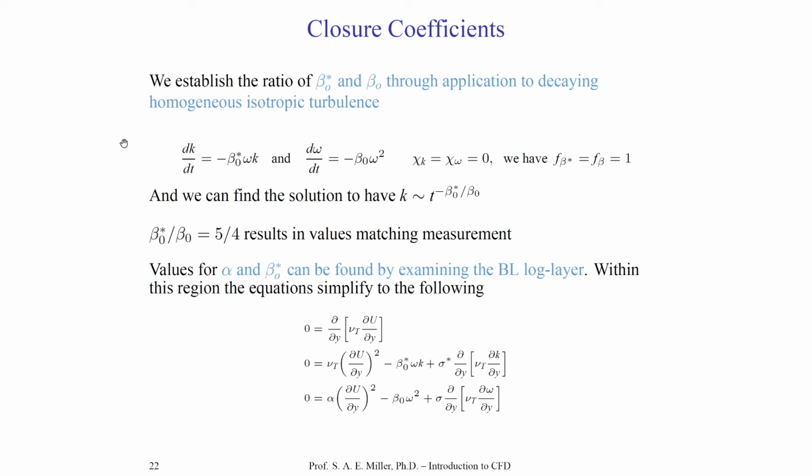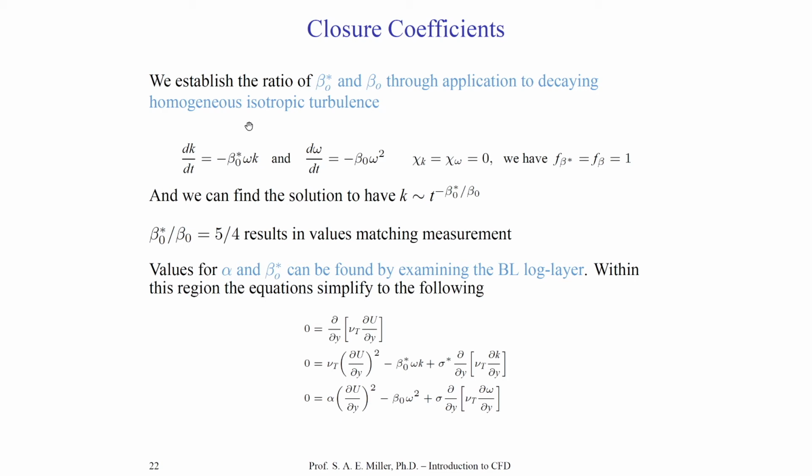Here, we can write down some of these relations between how turbulent kinetic energy is balanced, that is, its rate of change, with the destruction of turbulence and its dissipation. Through that theory, we can write down these two simplified partial differential equations for turbulent kinetic energy and, of course, specific dissipation.